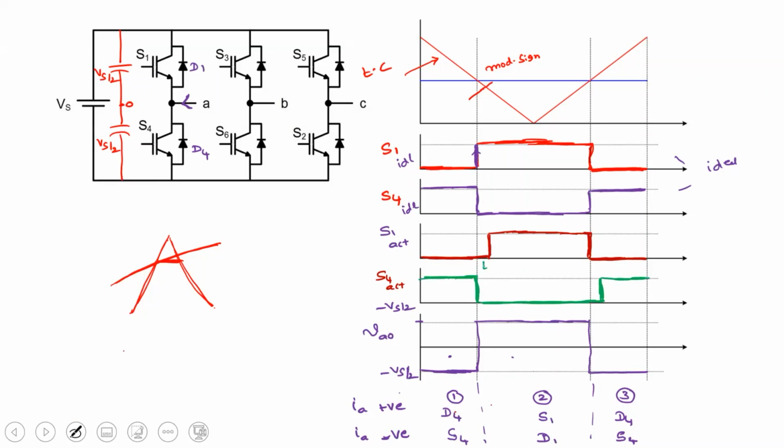This time period is TD, and this is also TD. This TD is the delay time. Clear?